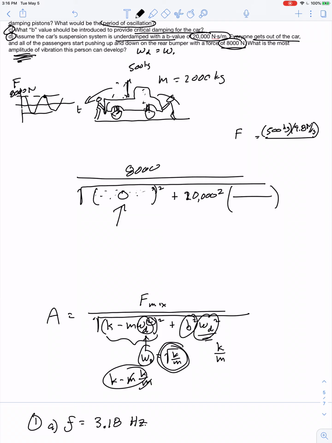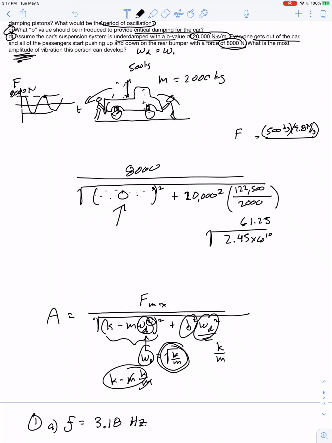So our k value is 122,500, and the mass is 2,000. So we work this all out. 122,500 divided by 2,000 comes out to 61.25. Then multiplied by 20,000 squared gives us a value of 2.45 times 10 to the 10th.